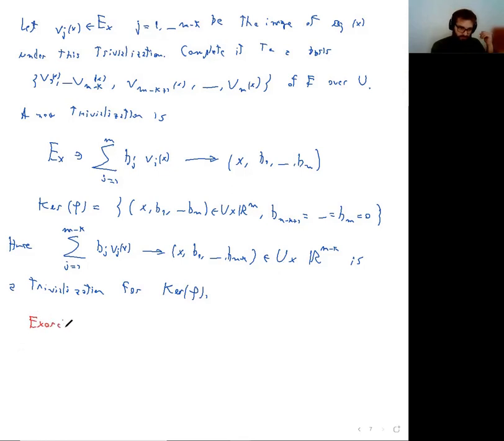So, exercise: prove that this trivialization makes the kernel a vector bundle.